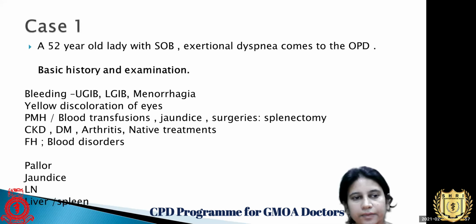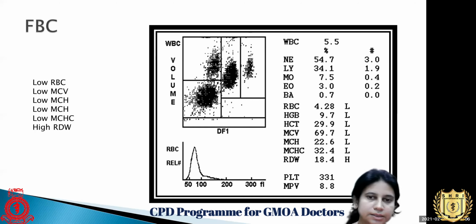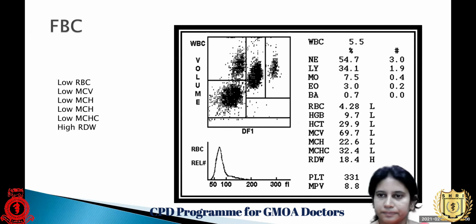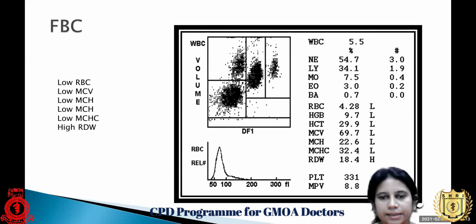So here's a 52-year-old lady with SOB who comes to you with this full blood count report. So what are the abnormalities? WBC 5,500, percentage-wise normal differential, absolute count normal, RBC count low, hemoglobin low, hematocrit low, MCV low, MCH low, MCHC low, and high RDW.